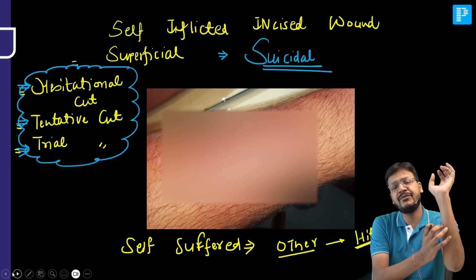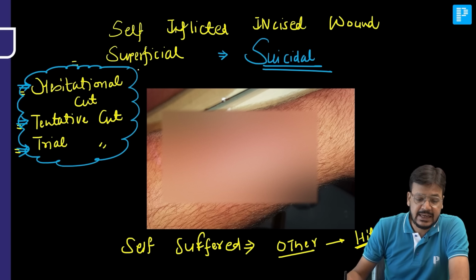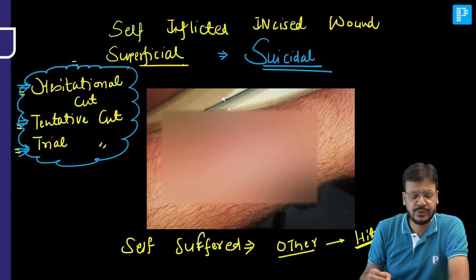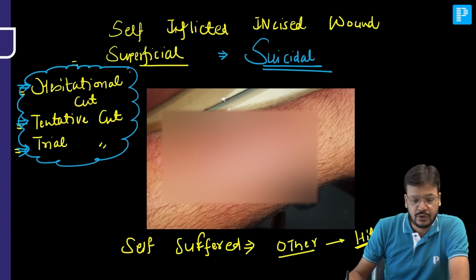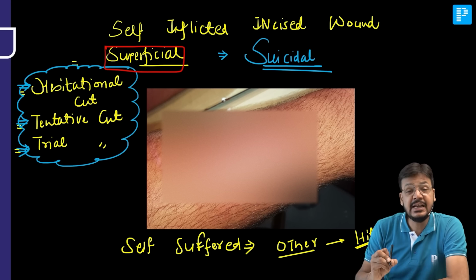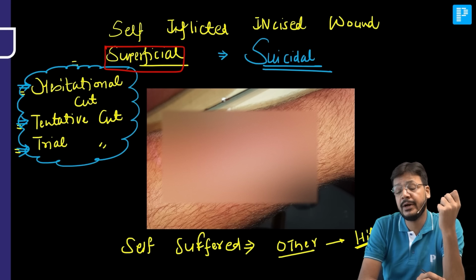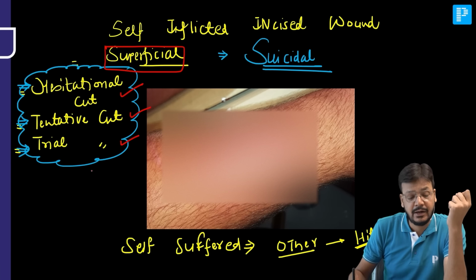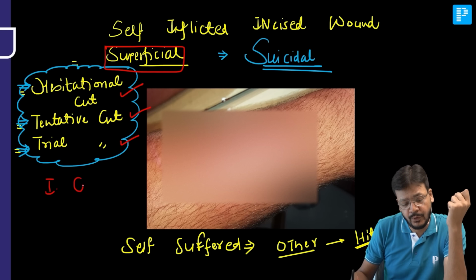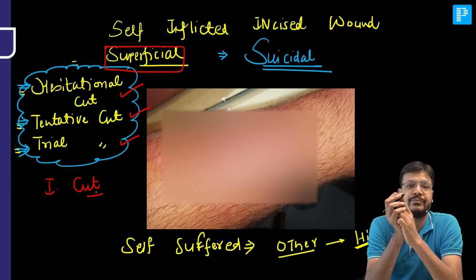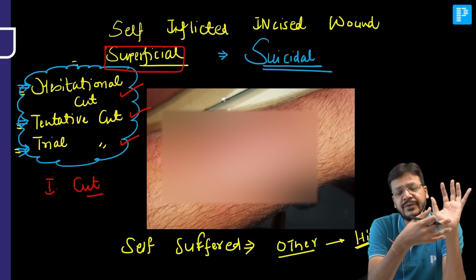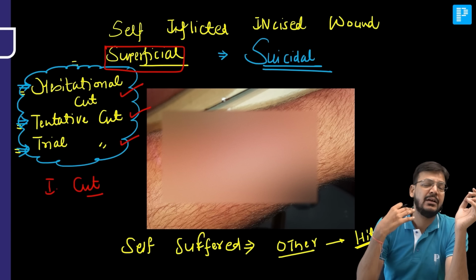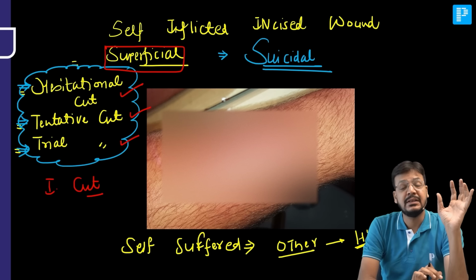Now, if you have self-inflicted multiple wounds, these are superficial in nature. Three very important terminologies are given: hesitational cut, tentative cut, trial cut, and I can use one more word, that is intentional cut. So these are mainly seen on the wrist, some part of the neck, like the flexor part of the forearm. These are very common.